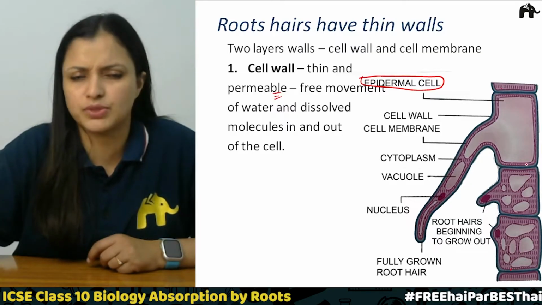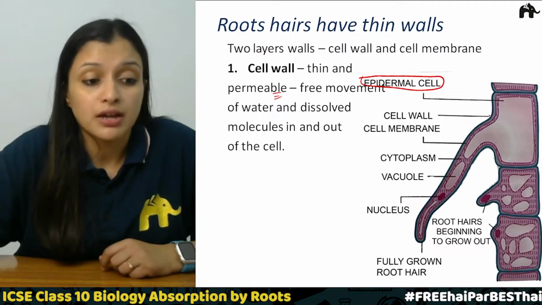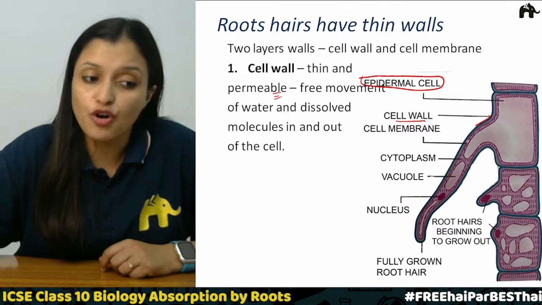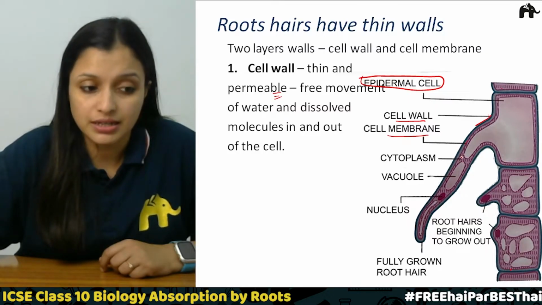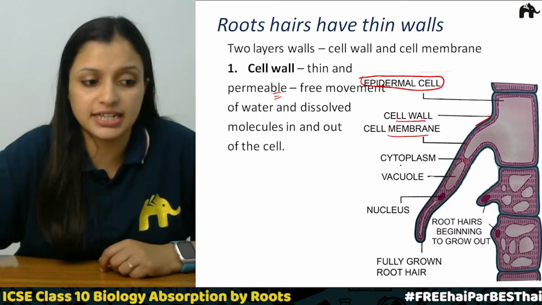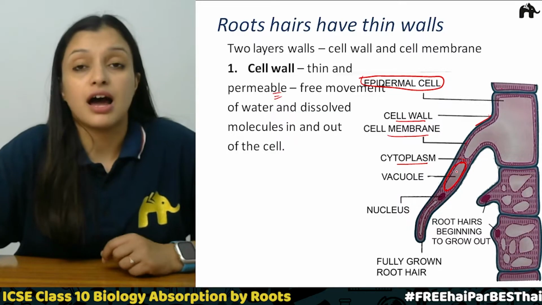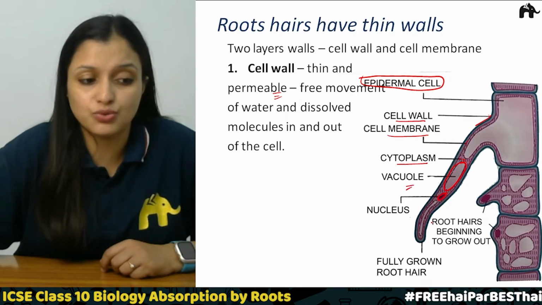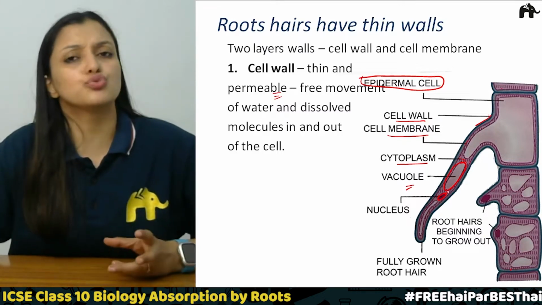Outside here is the cell wall, inside of the cell wall is the cell membrane, and in between is the cytoplasm, and these large structures are the vacuoles, right? This small structure is the nucleus, and this is the fully grown epidermal hair, or the root hair.